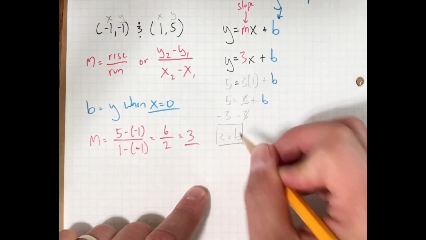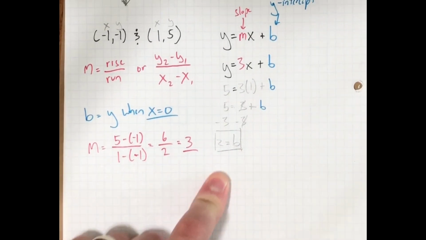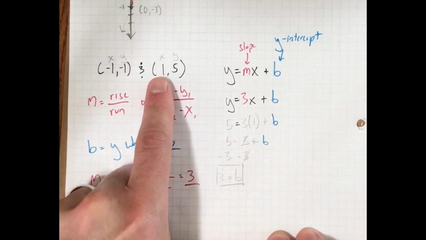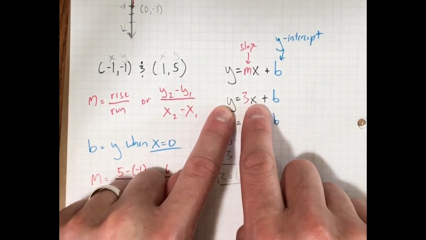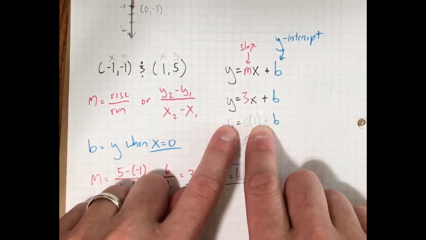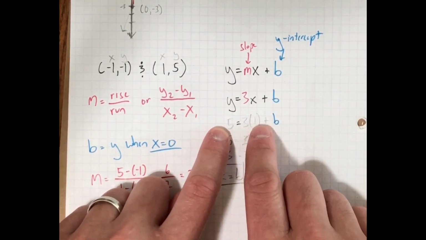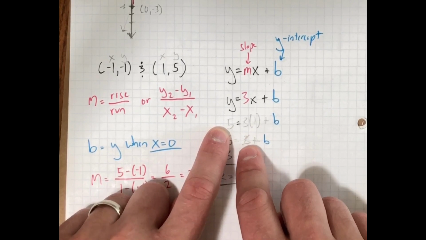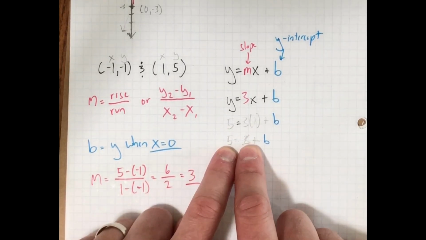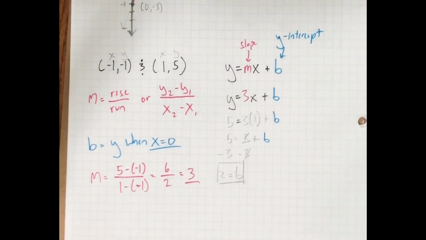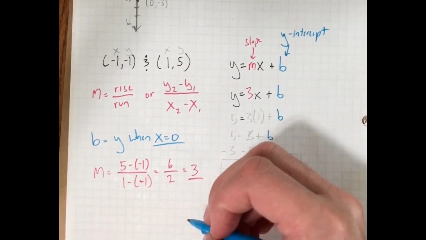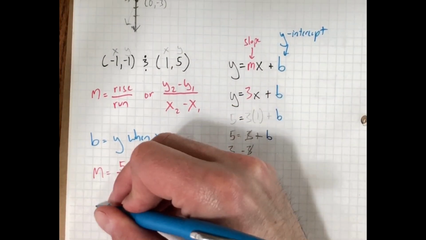There's my y-intercept right there. So I just took an x and a y, and I substituted them in here. X became 1, y became 5. 3 times 1 is 3. Subtract 3 from both sides, and you get 2. So my b value then is 2. I'm just going to write that down somewhere here just so I have it.